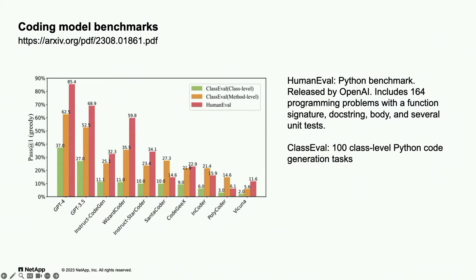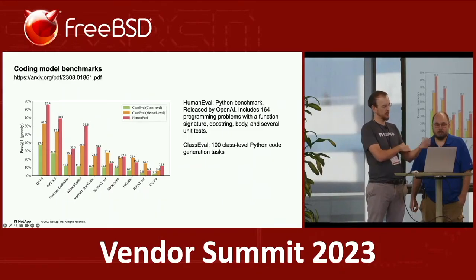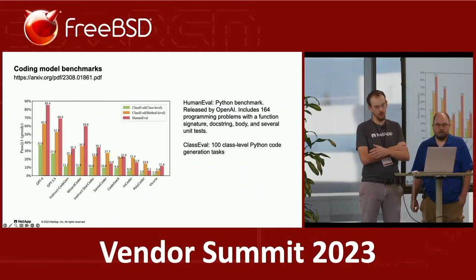It's a Python benchmark made out of 160-ish problems. And you'll see HumanEval used regularly as a way to measure how good models are, right? But just so you know, it's a pretty basic set of problems. And so in this paper here, and I put a link, they created this other benchmark called ClassEval, where they made it a little harder for models to get answers right.